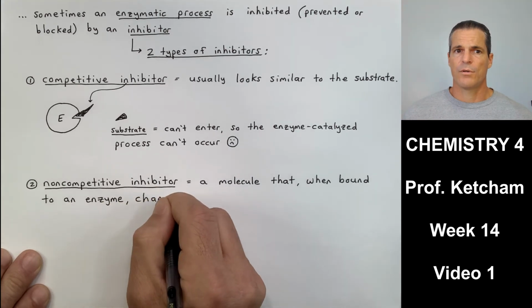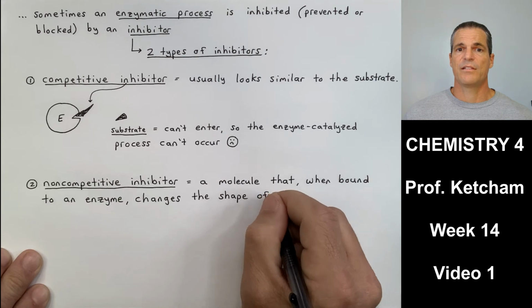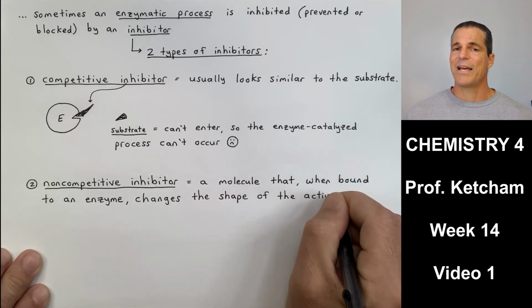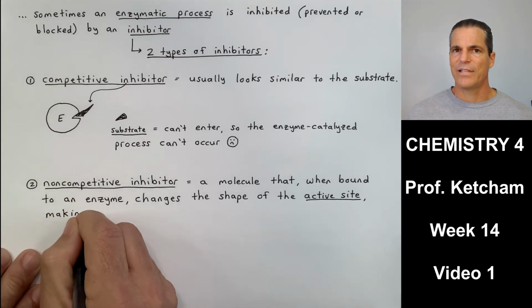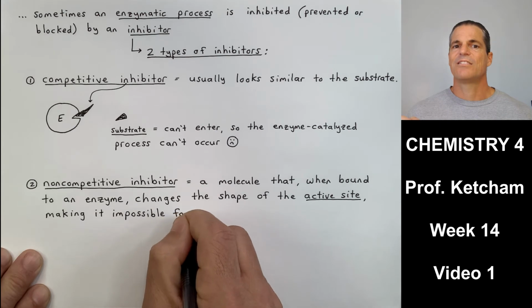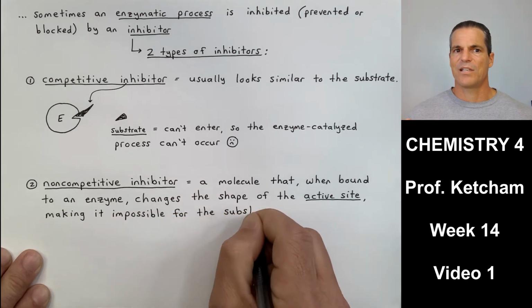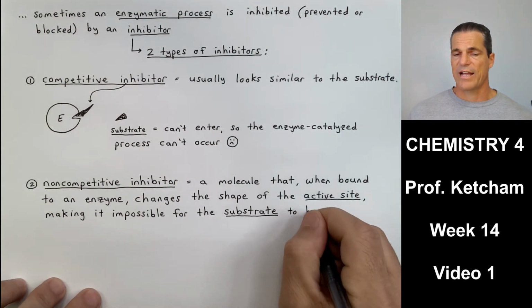All right, number two, non-competitive inhibitor. A non-competitive inhibitor is a molecule that, when it binds to an enzyme, the act of it binding to an enzyme somewhere other than the active site, by the way, changes the shape of the active site, making it impossible for the substrate to bind to what is no longer the original looking active site.